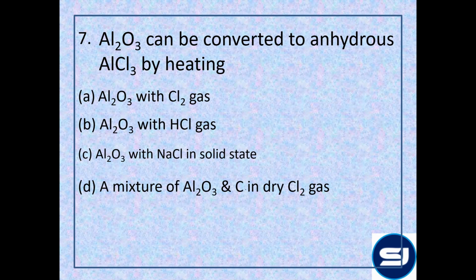यहाँ पर alumina and carbon, the carbon basically behaves as a reducing agent. It takes away the oxygen of alumina, and then this aluminium combines with the chlorine to form AlCl3.